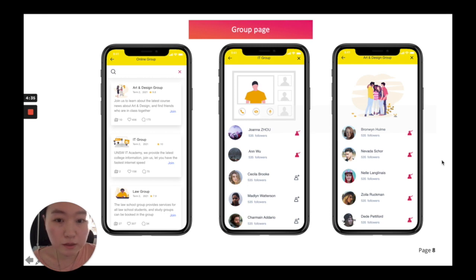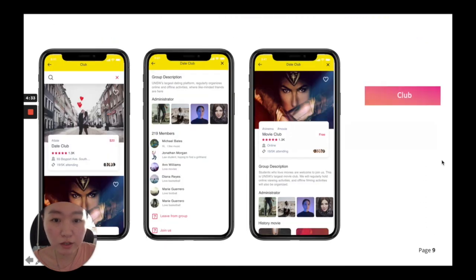And next part is about the club page. The club has always been a much-watched part of Orientation Week. It is a platform for showing special interests and hobbies. It can also enrich the students' life of teachers and find like-minded friends.